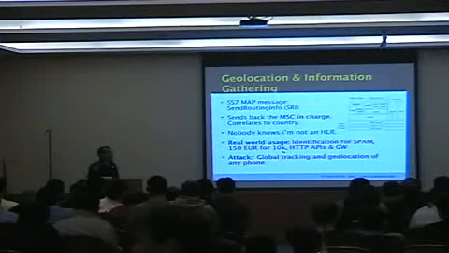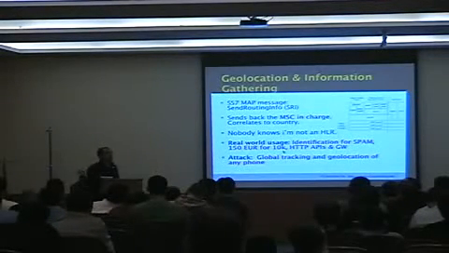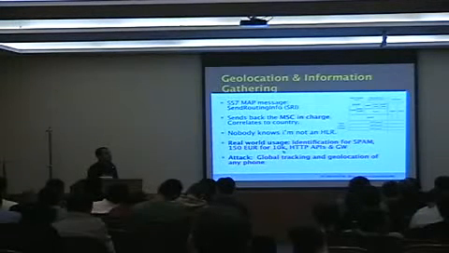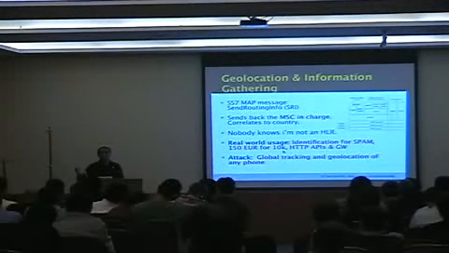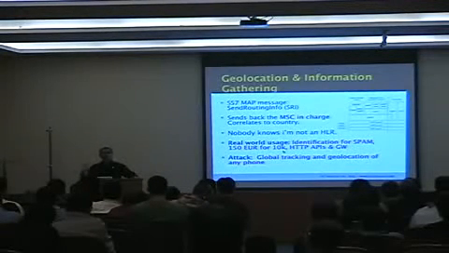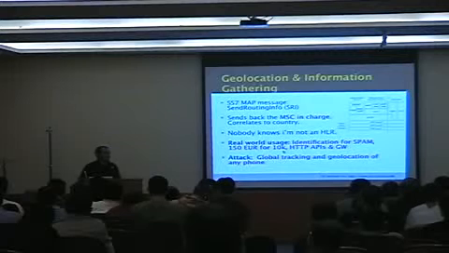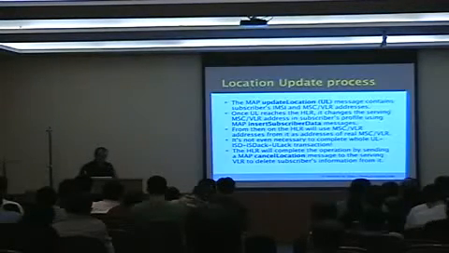So even if you don't know the location of that MSC, at least you can know which country the person is in right now. And if someone is telling you, oh yeah, I'm away, I'm in a different country, and you don't believe the person, you can do a lookup and say that the guy is actually in Brazil. So definitely that's the kind of thing that you can pretty much do.